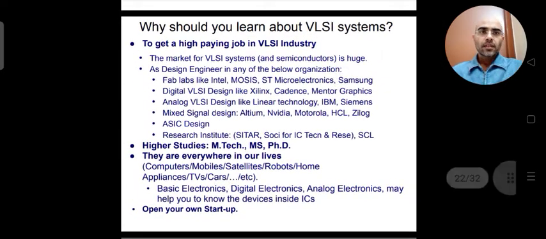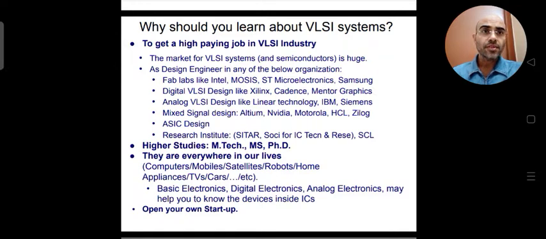Now let's see, if you go for microelectronics, how important VLSI is in the industry, and how it can help in making your future career. You can work in the field of VLSI in various domains: the digital VLSI design domain, the analog VLSI design domain, and the mixed signal design domain.